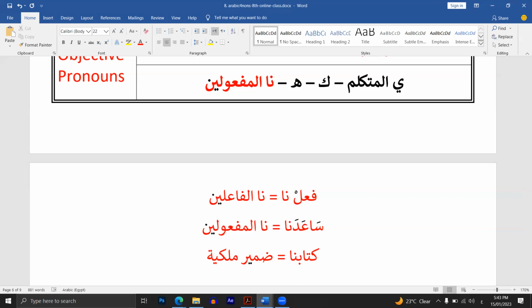Originally, it's like this: فعل. Whenever na fa'ilin comes, the lam will take sukoon. Always, in case na is subject.